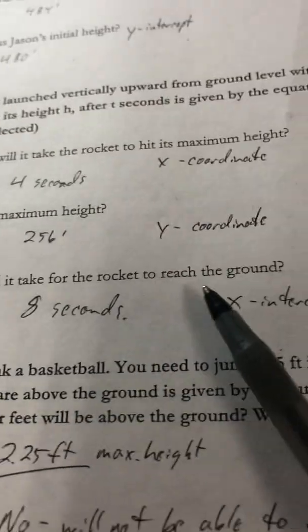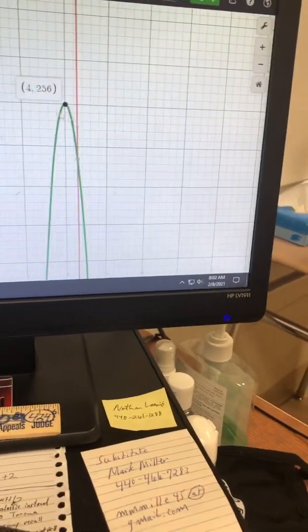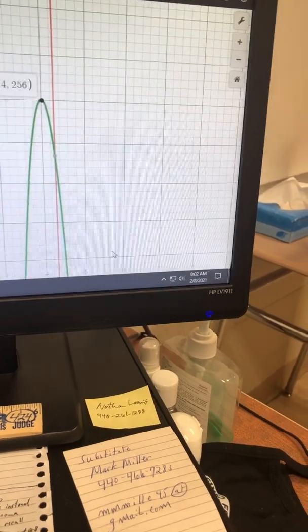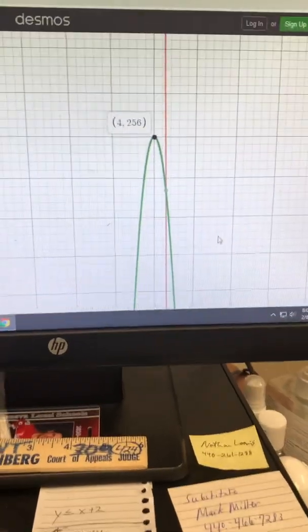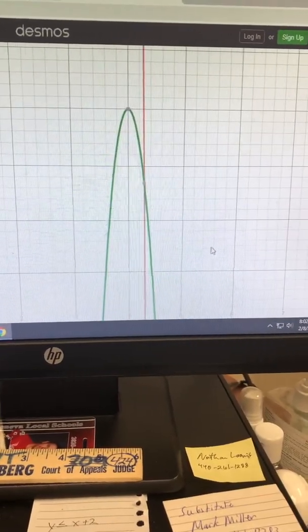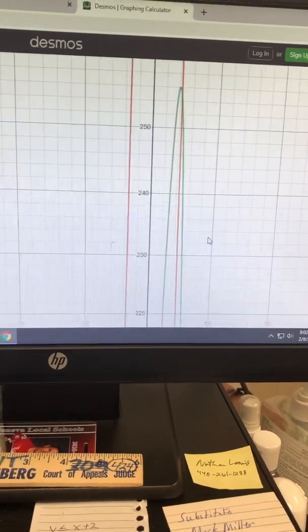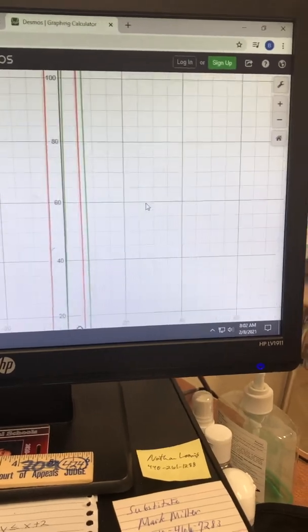How long did it take for the rockets to reach the ground? So what we're going to do is, well, if it was 0 to 4 to get all the way to the top, it's going to be 4 to 8, because 4 is going to be halfway. You could just figure it out that way, or you could look at the graph. Let me back out and show you way down here.